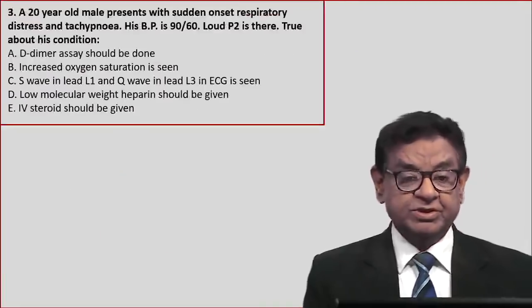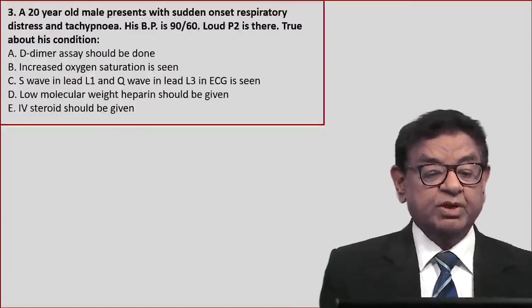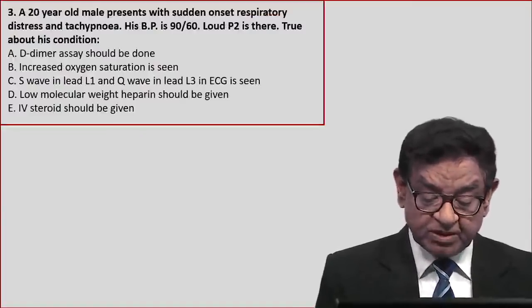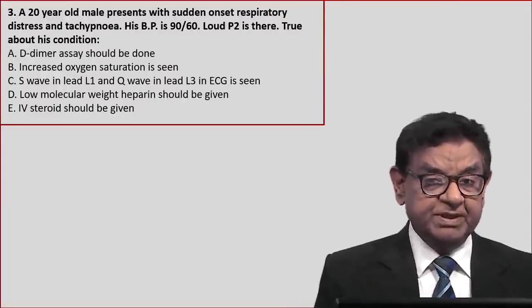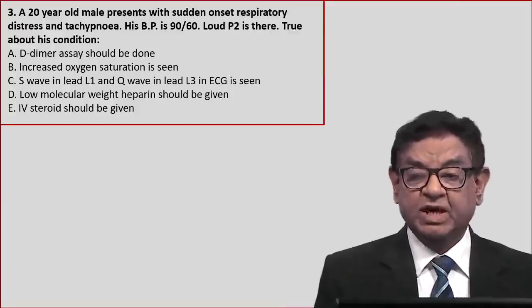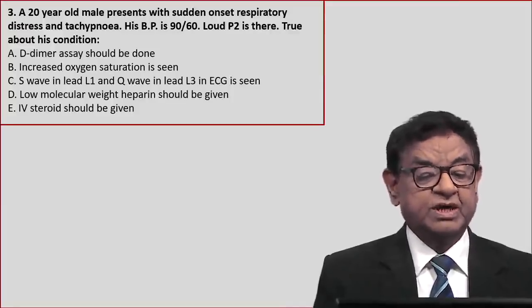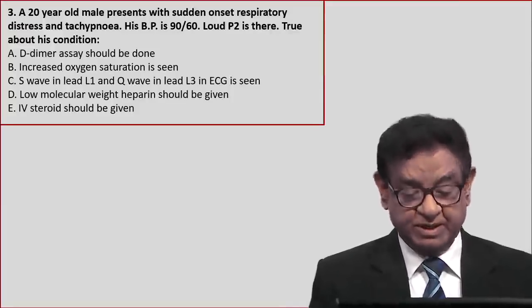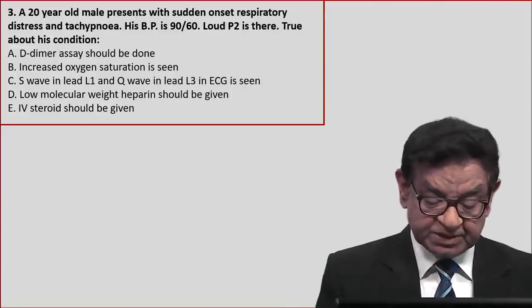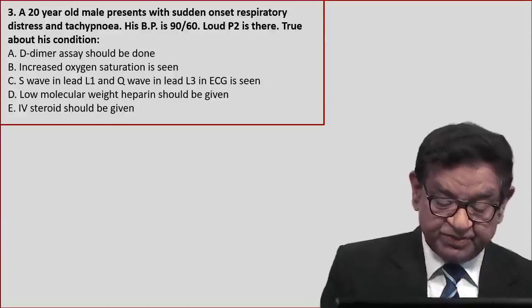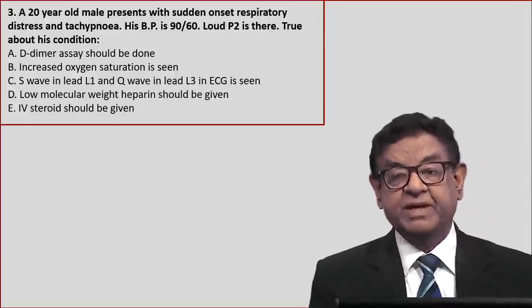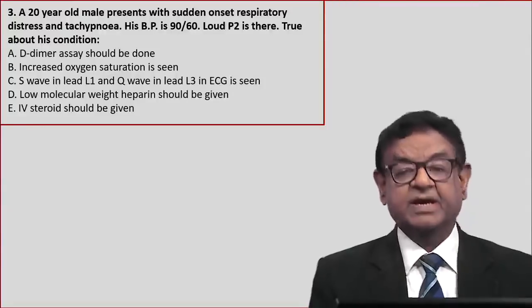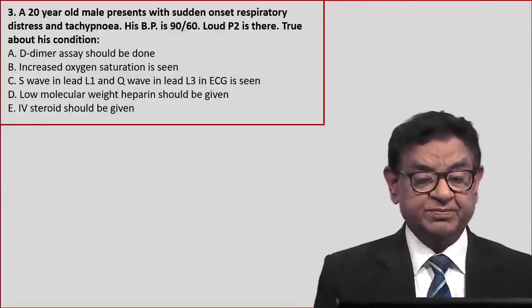Let's talk about question number 3. A 20-year-old male presented with sudden onset of respiratory distress with tachycardia. His BP is 90/60, loud P2. What is true about this condition? D-dimer assay should be done, increased oxygen saturation is seen, S wave in L1 and Q wave in 3, low molecular weight heparin should be given, and IV steroid should be given.